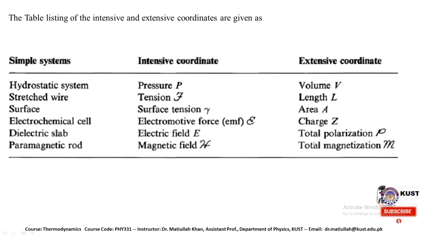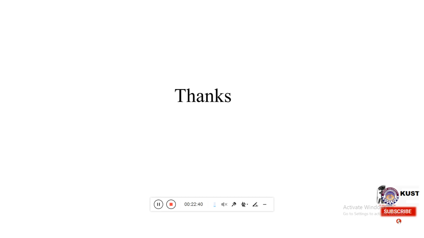And at the end we discussed the paramagnetic rod, where the magnetic field H is the intensive coordinate and the total magnetization is the extensive coordinate. So this is something about the dielectric slab, paramagnetic rod, and intensive and extensive coordinates.